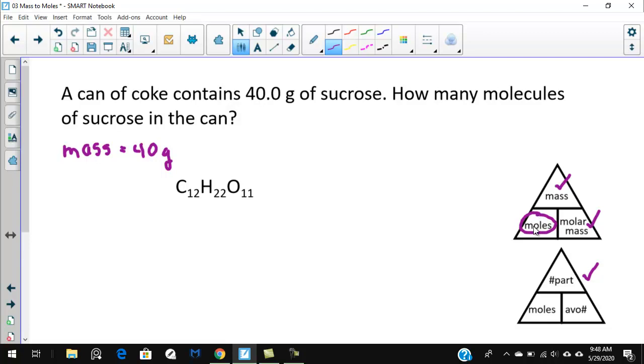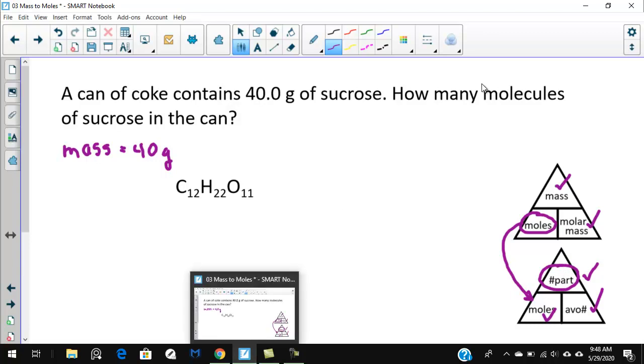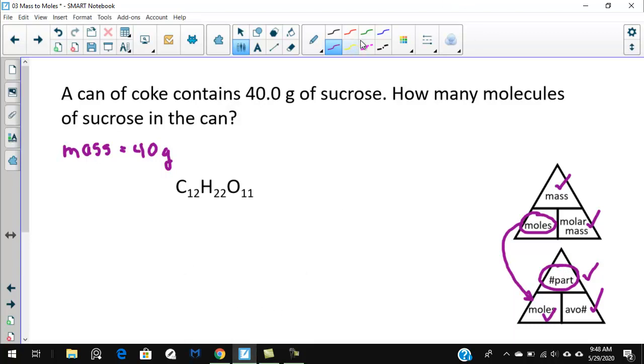And then if we notice in the next triangle, which has the number of particles, the number of molecules, those moles reappear in there. So we could take that number, put it in here, and then we would know Avogadro's number, we would know the moles, and we could figure out the number of molecules. So a little more complex question, but if you look at the triangles and break it down into steps, I think it's still fairly doable.